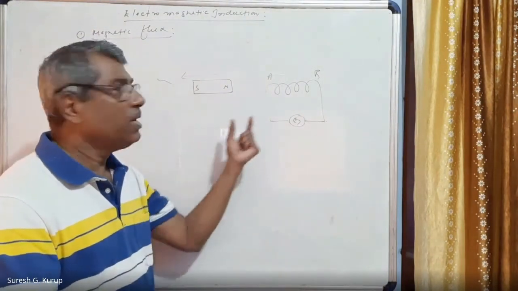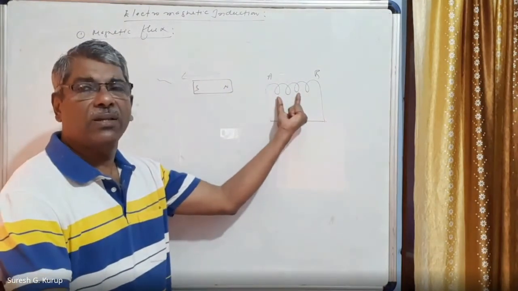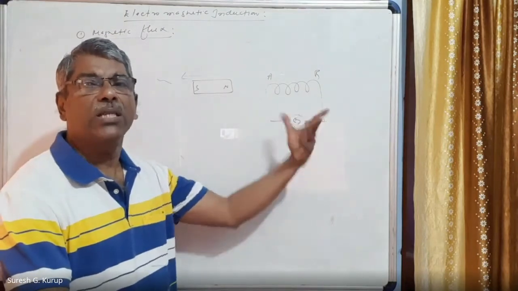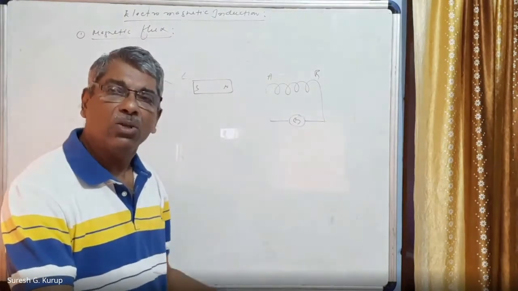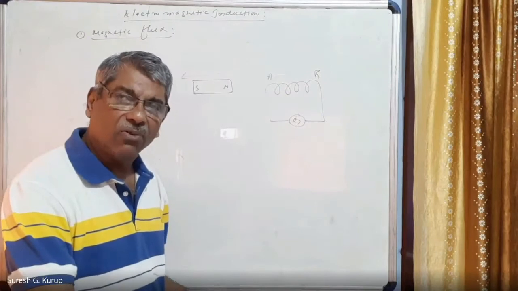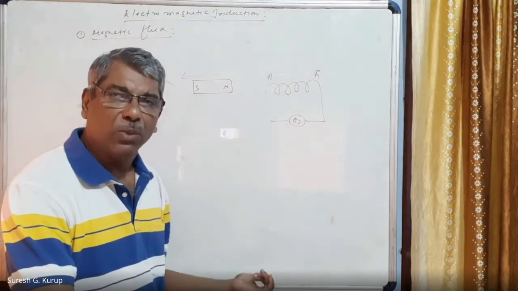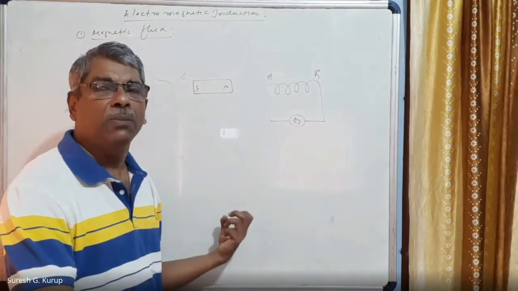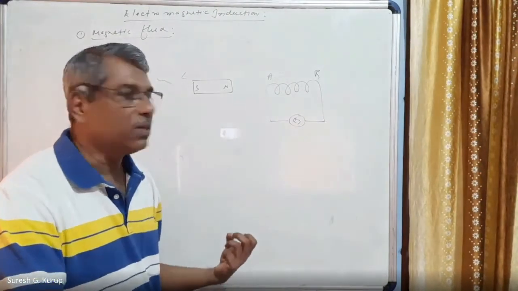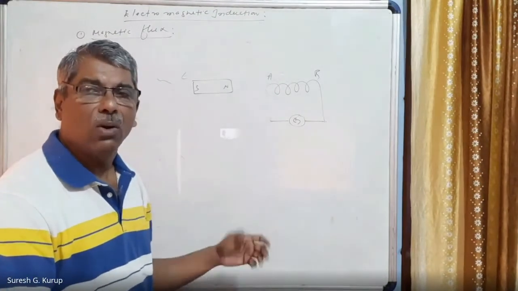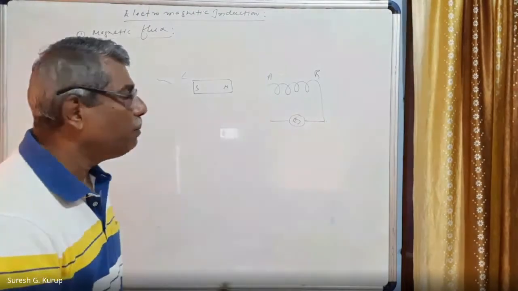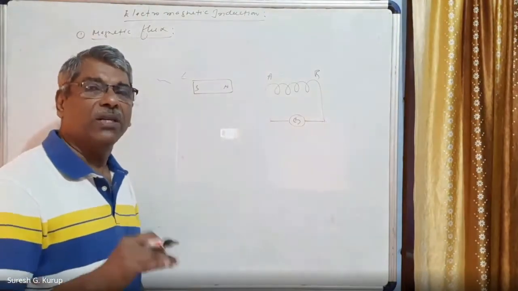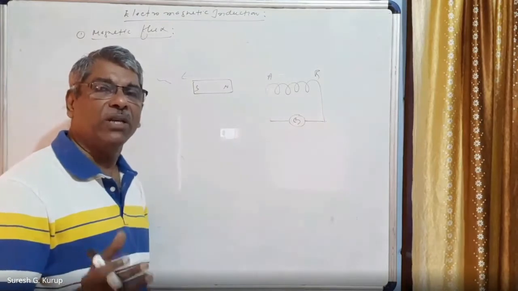Then inside the coil, the magnetic flux starts decreasing from maximum to minimum. Then also there is change in flux. In the first case, the change in flux was from minimum to maximum, and in the second case, from maximum to minimum. Then also an EMF is induced in the coil, but the effect of the EMF produced will be opposite.